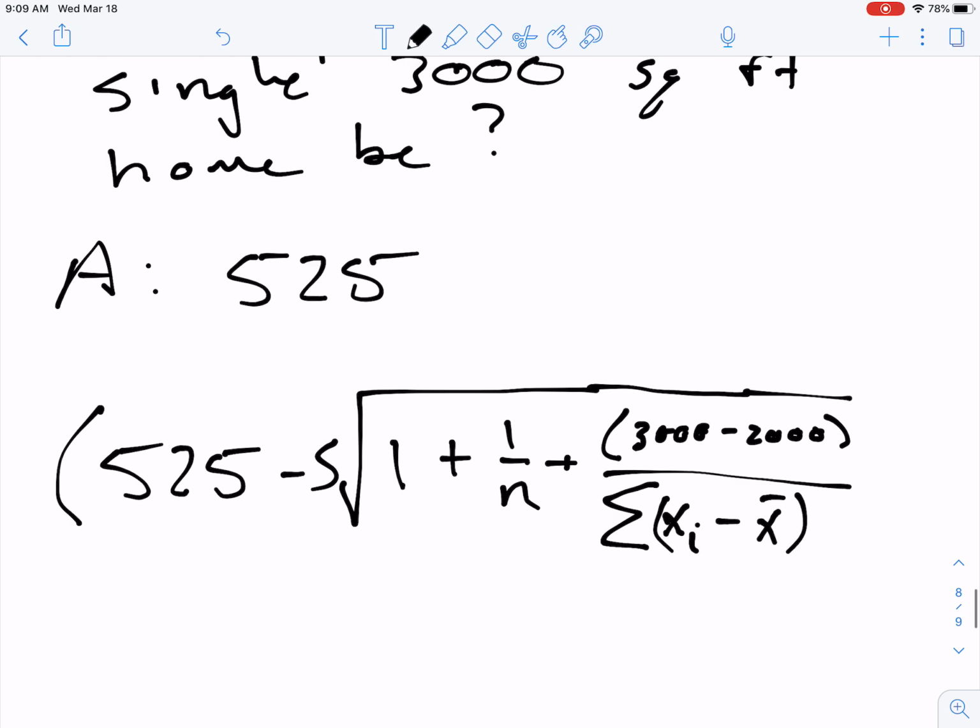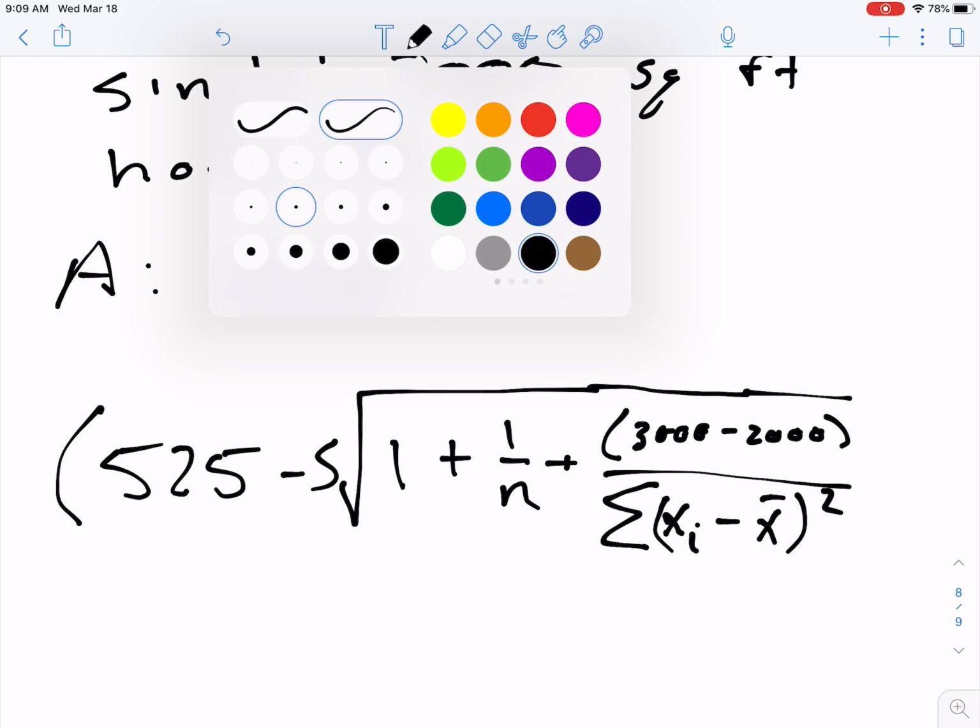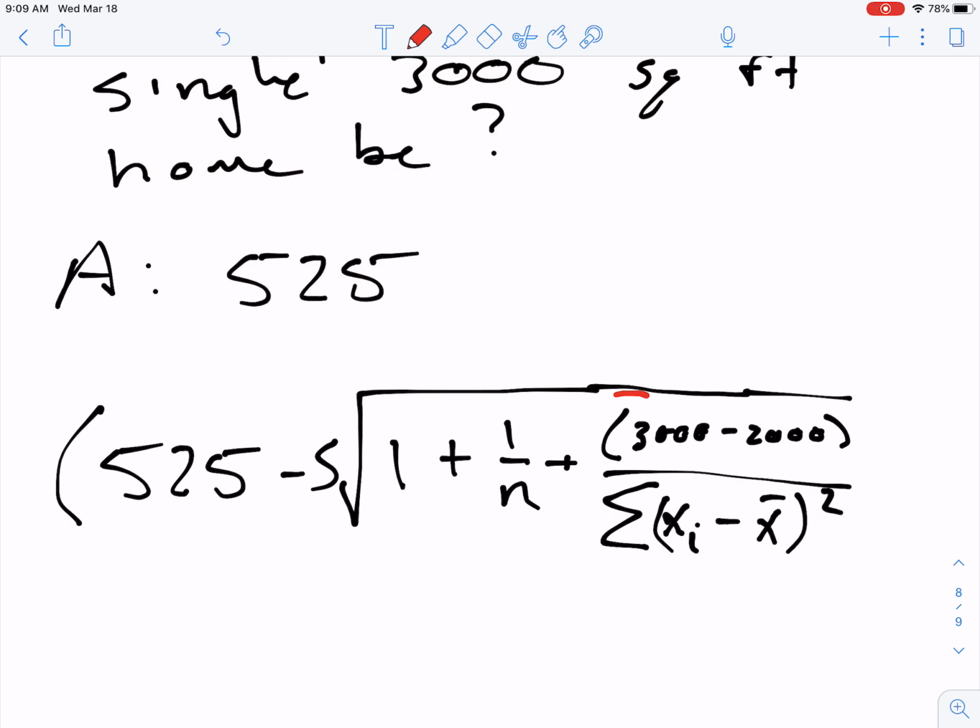So that's the individual variation for my point. This, by the way, is just for this specific 3,000 square foot x value. This is just x star minus x bar, because we said we're looking for 3,000. We said x bar was 2,000. So I'm just plugging in those values in this case for that number.